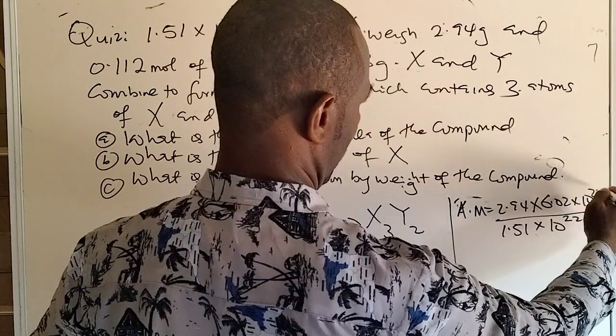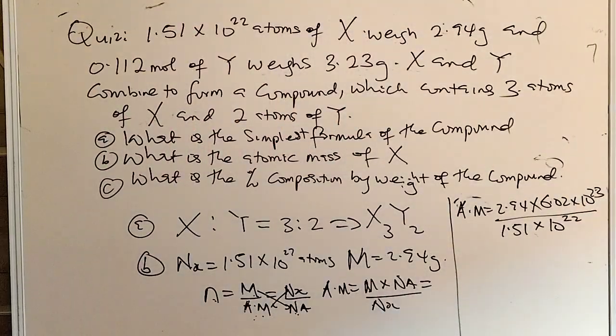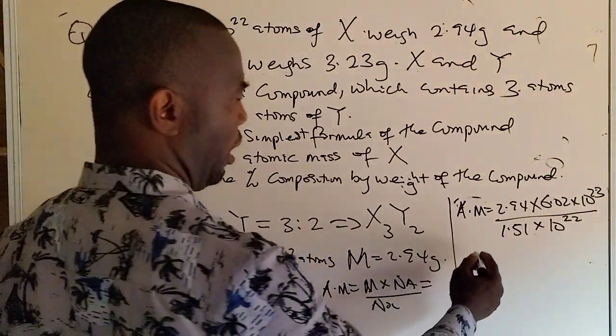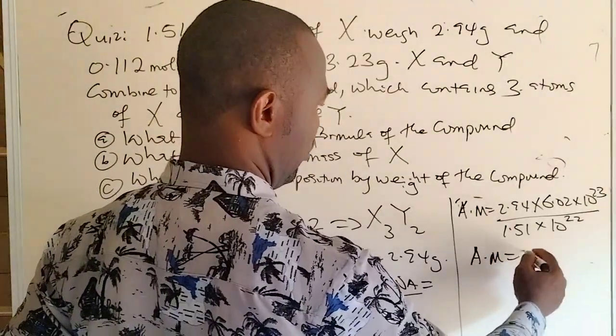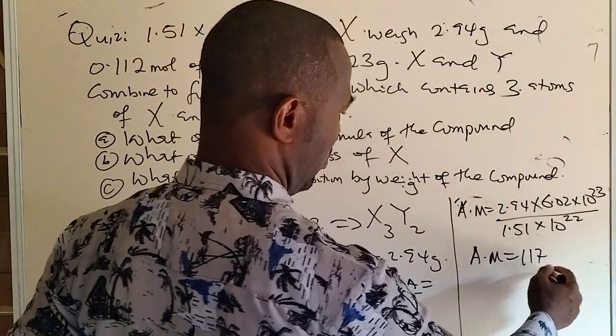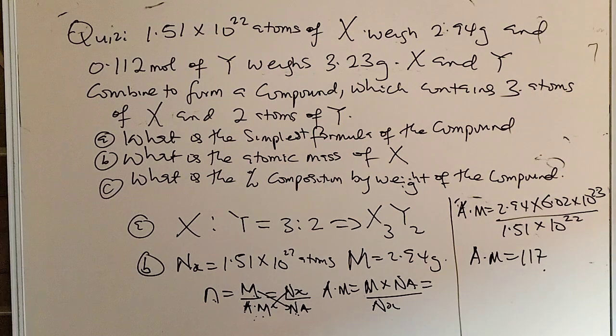This is 23, please, for Avogadro's constant. So when we solve this, we have our answer as approximately 117 as the atomic mass or the relative atomic mass of S as the answer.